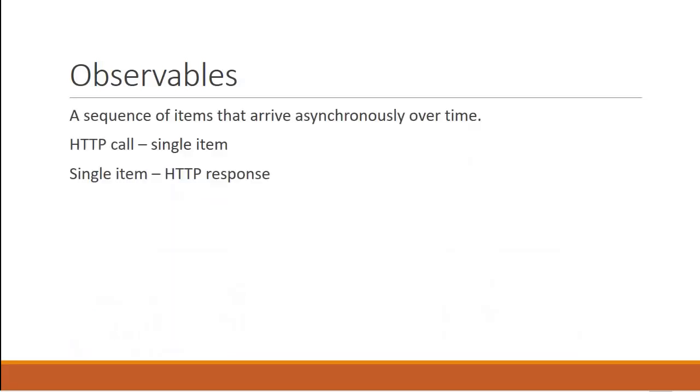Let's take a look. An observable is nothing but a sequence of items that arrive asynchronously over time. But what you have to make note of here is that with an HTTP call, it is a single item instead of a sequence of items. And that single item is nothing but the HTTP response. So in the context of HTTP mechanism in Angular, an observable is nothing but the HTTP response that arrives asynchronously.